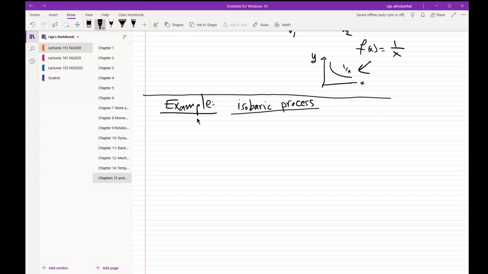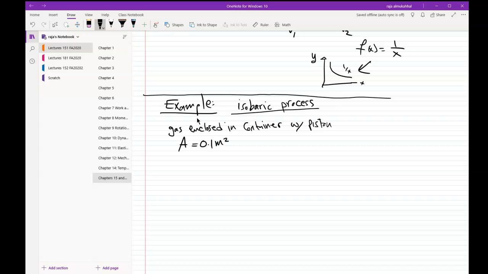All right. It says here you have gas enclosed in a container with a piston, and the area of the piston is equal to 0.1 meter squared.